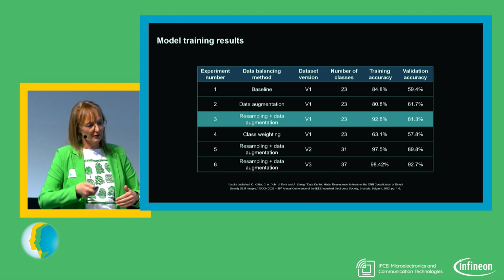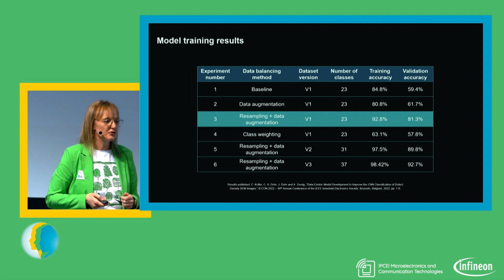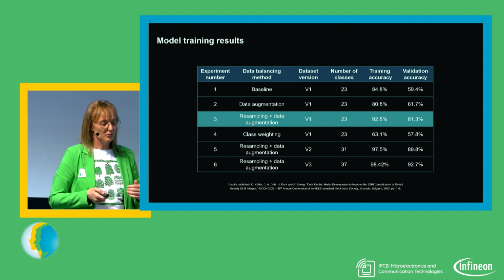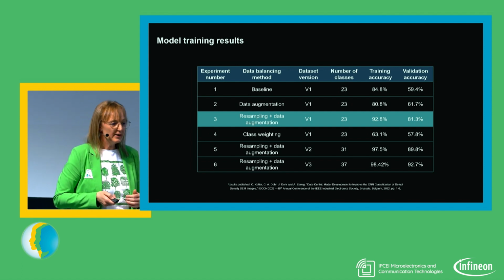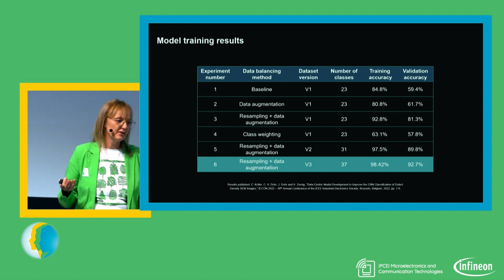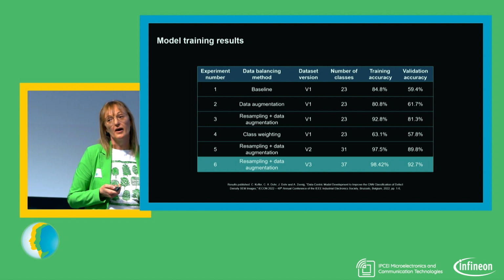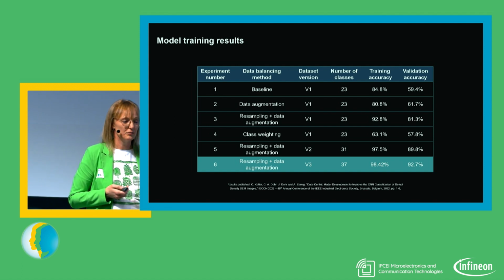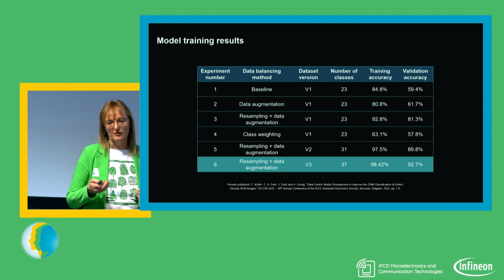So we worked with this iterative data-centric approach by adding more and more data to our data set, and at some point ended up with version 3 of the data set, consisting of 37 classes, and we reached a validation accuracy of 92.7% already.